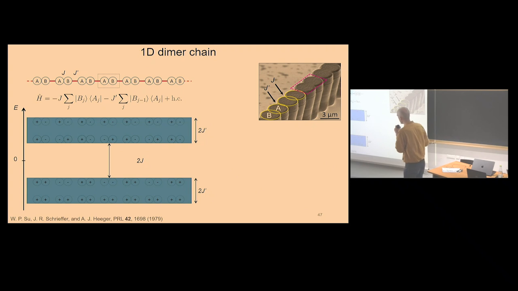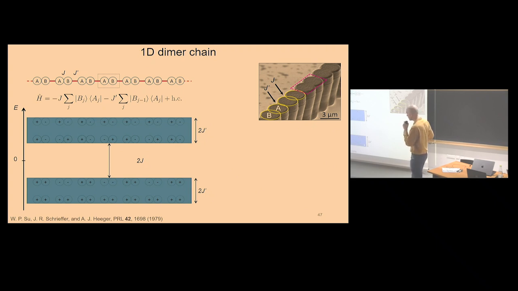If you imagine what happens, you have two sites per unit cell here. So you will have two energy bands for the system. The two bands have a width given by J prime, the weak coupling, and they are split in energy here by 2J, the strong coupling. So if J prime is different from J, these two bands are gapped. The lowest energy band carries the bonding symmetry. So in the lowest energy state here, all the dimers are oscillating in the same phase.